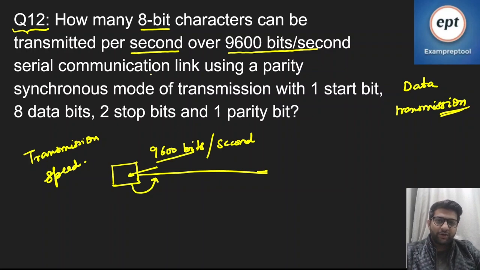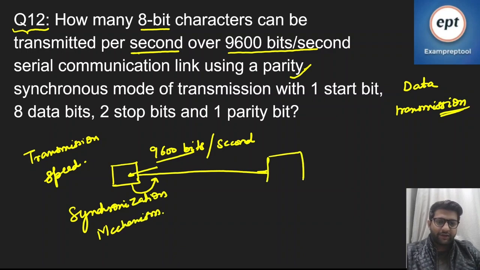Now, this particular serial communication link uses a synchronous mode of transmission, so we also need a synchronization mechanism. Let's say these two interfaces are communicating with each other, then there should be a way to synchronize them.